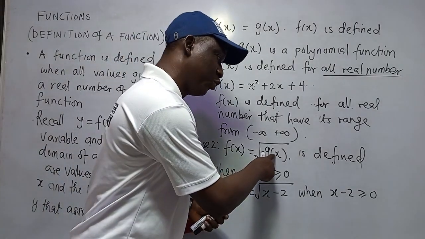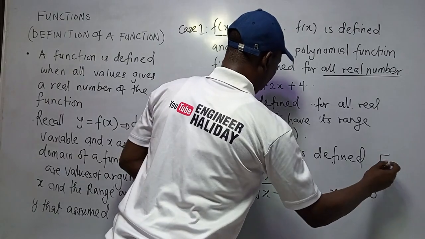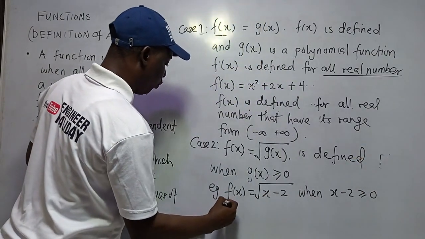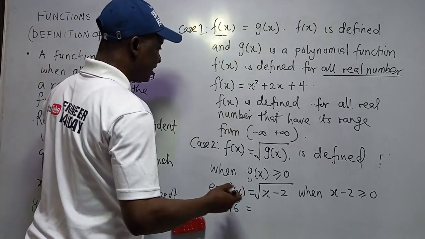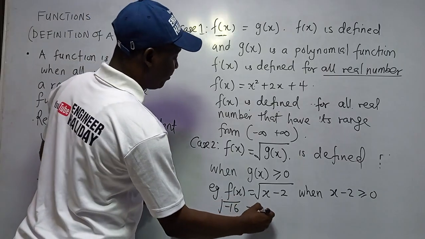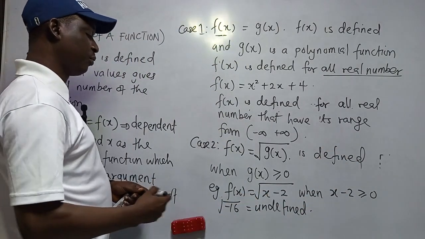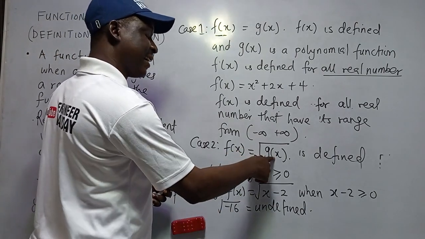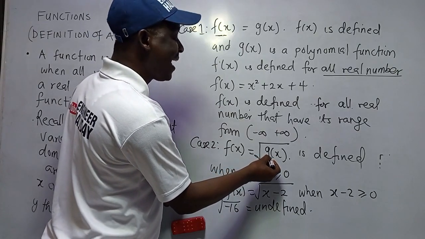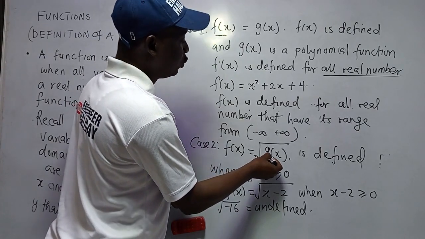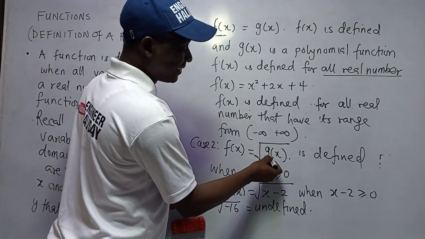If it's less than 0, do you know the implication? Imagine we have the square root of minus 16. This will give us an imaginary number, an undefined number, because minus 16 is less than 0. So for g of x here, you must avoid anything less than 0. You must take either equal to 0 or greater than 0.